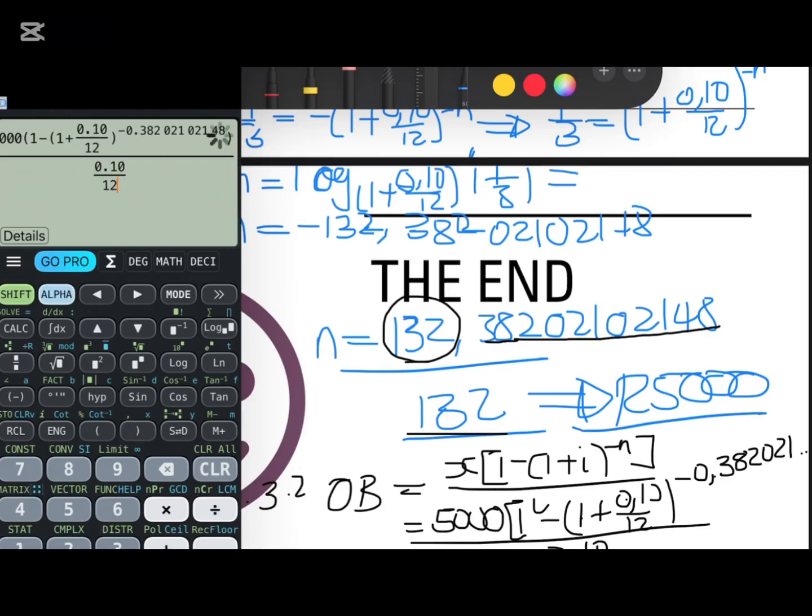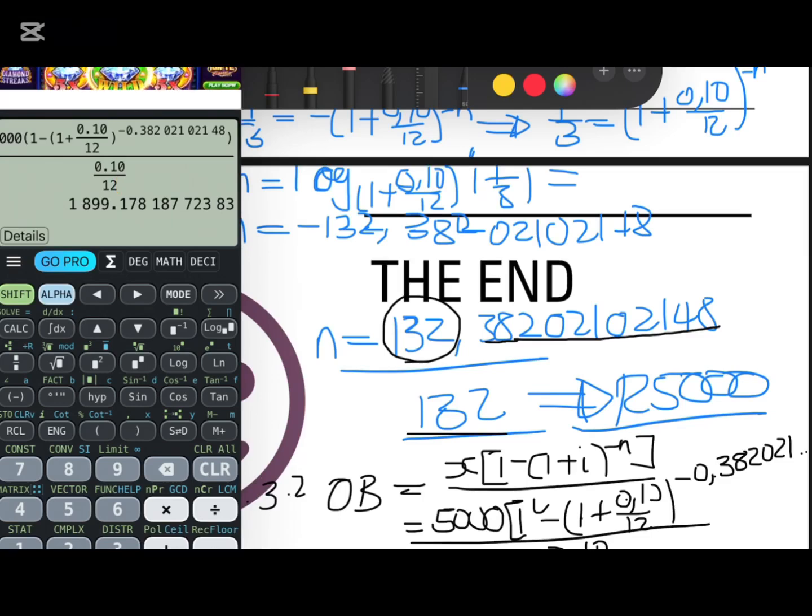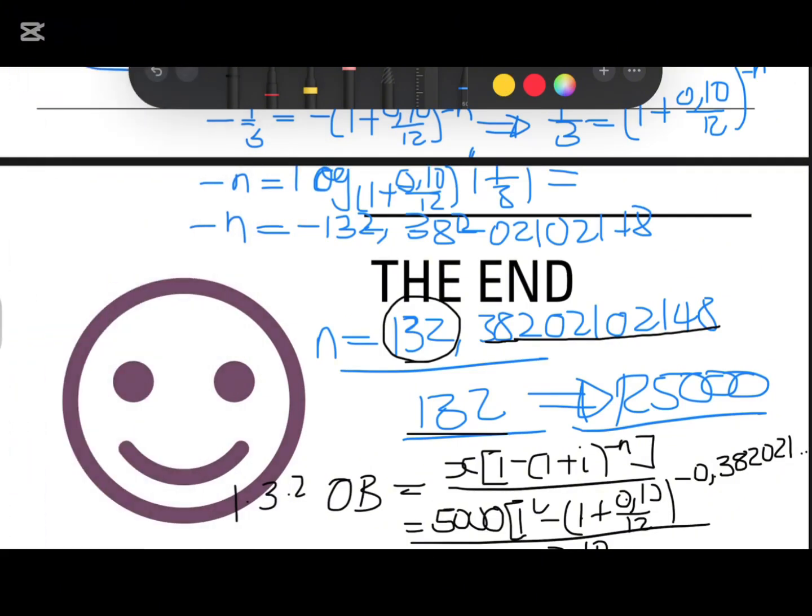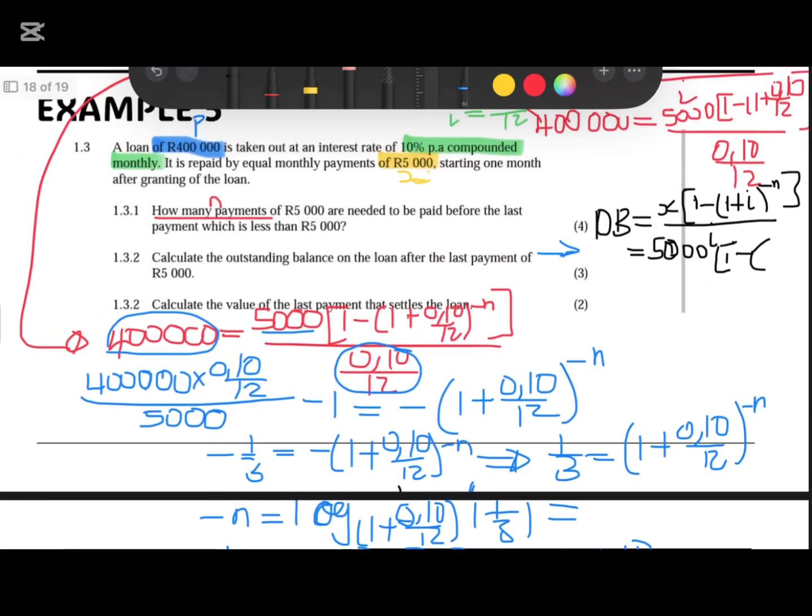And then you close your bracket, then you'll have 0.10 divided by 12. So now the outstanding balance for the last month will be 1,899.18. So this is the outstanding balance that this person is going to pay the following month. However, this outstanding balance will gain interest.